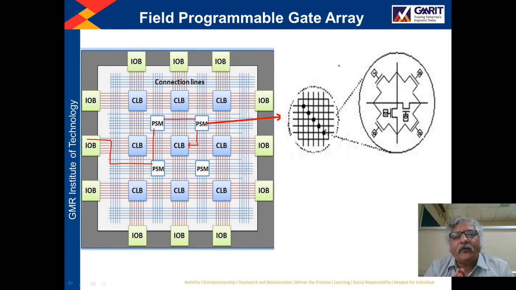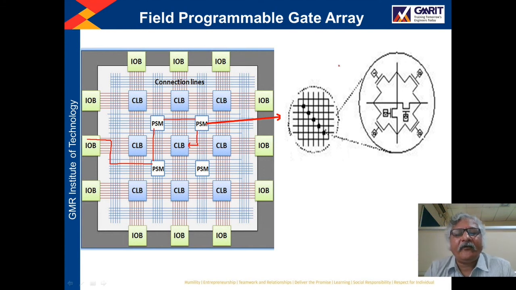The meaning of field programmable is there is no need to take this FPGA to the foundry for the programming of our logic, right? We can do the programming in our lab, and suppose we have written the Verilog code of half adder, right?